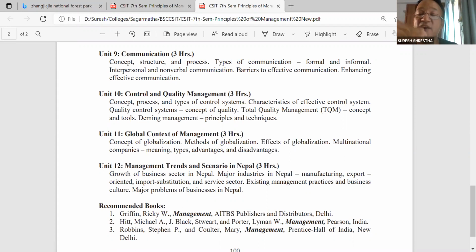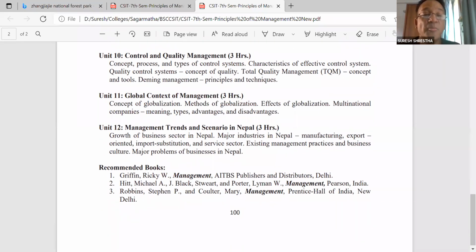There are different hierarchies in the organizations, how your communication flows in the organizations, and how the things that you wanted to convey become distorted. So how your communication has to be made effective, we'll cover that in unit 9.